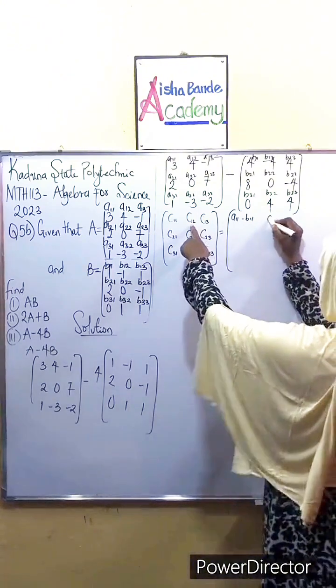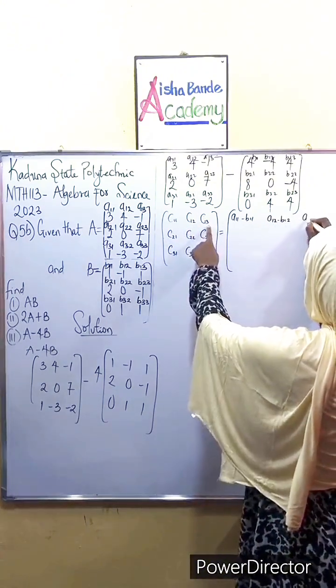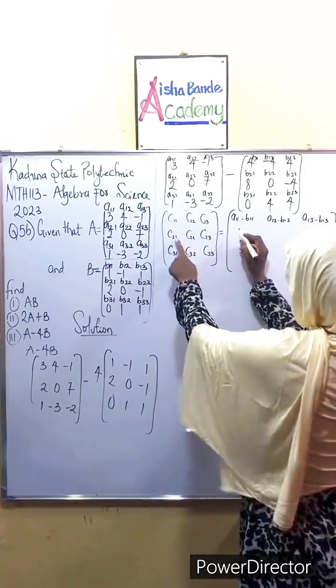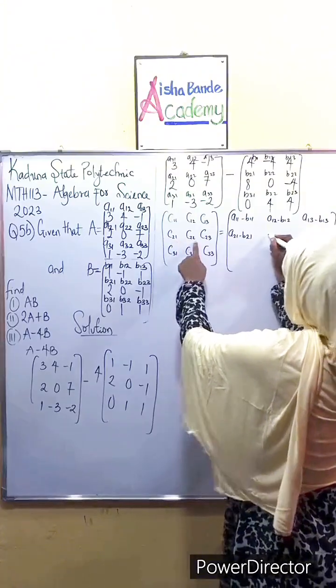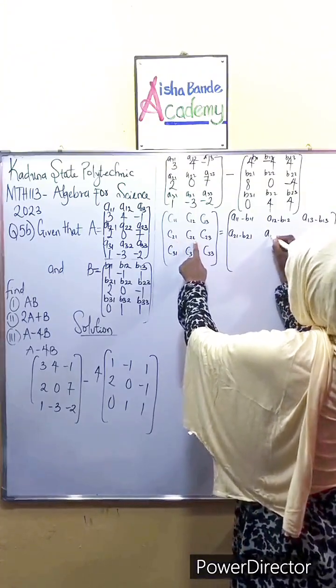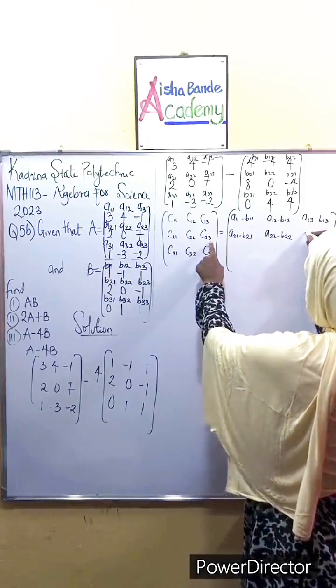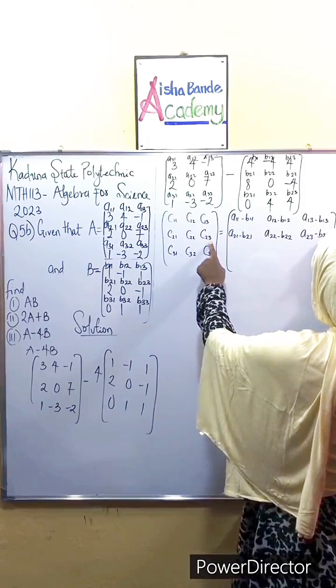Then C12 is A12 minus B12. C13 is going to be A13 minus B13. So to get C21 is going to be A21 minus B21. C22 is going to be A22 minus B22. Then C23 is going to be A23 minus B23.